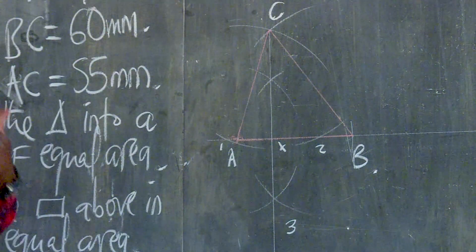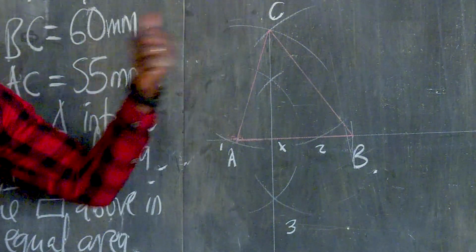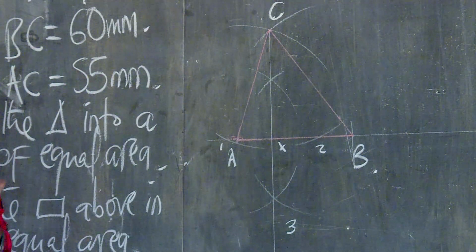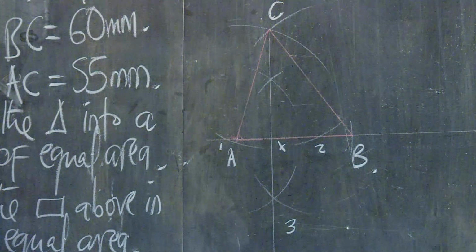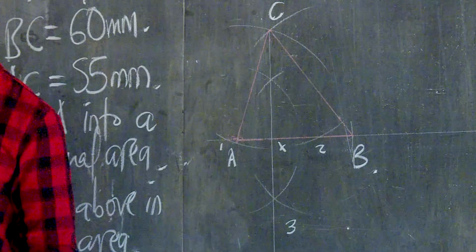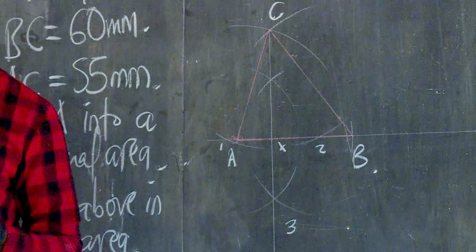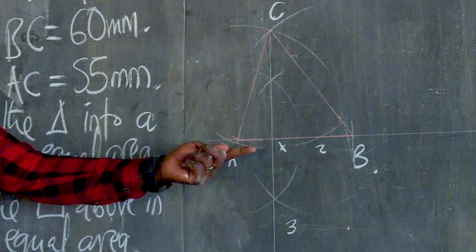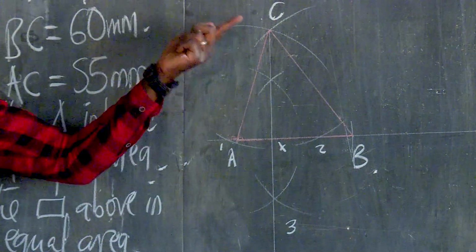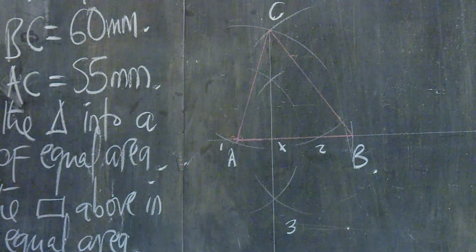The next point is simply to bisect XC. How do you bisect this line? I've talked about bisecting. I said bisecting is simply cutting a line into two equal parts. So in this case, how do I bisect the distance XC? Yes, ma'am.